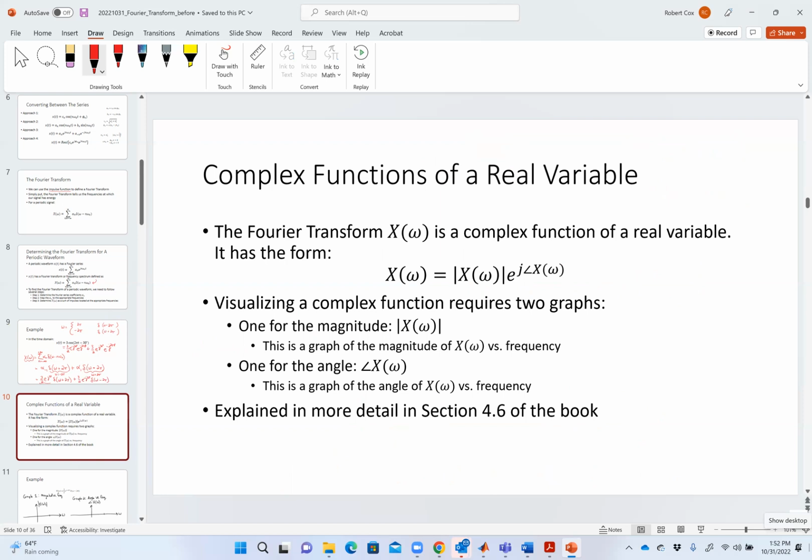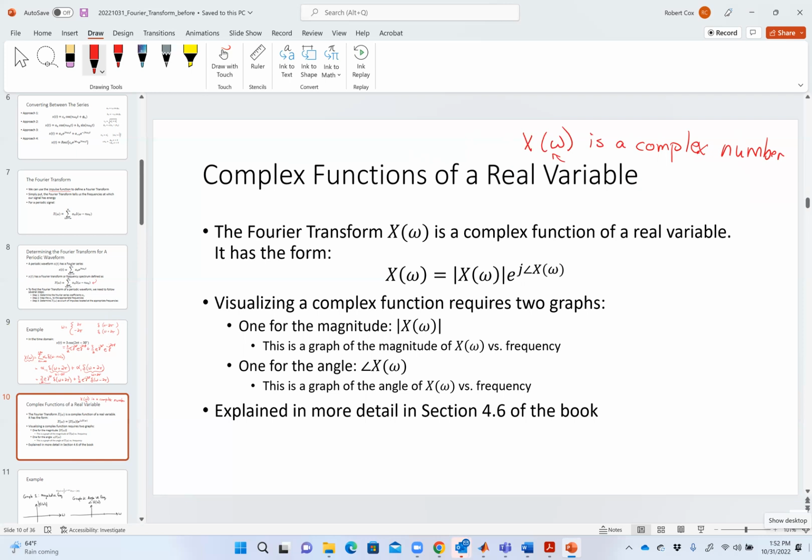In other words, X of omega is a complex number. What about frequency, though? It's a function of a real variable. What about this omega value? Is that a complex number? Do I have complex frequencies? No. The argument here, the independent variable, is omega. That's a real number. The output of this function is a complex number.